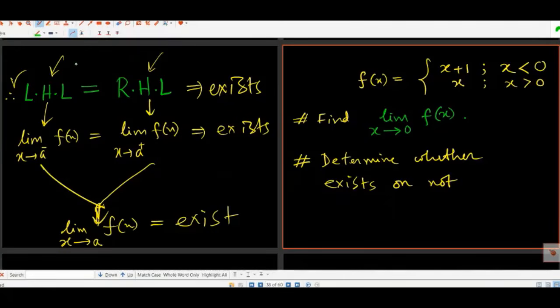Which limit? The limit of f of x when x approaches 0. The two questions look different, but actually the solving technique is the same. If the limit exists, then that value will be the main limit. So first of all, we have to check whether the limit exists or not. That means we have to find the left hand limit and right hand limit.